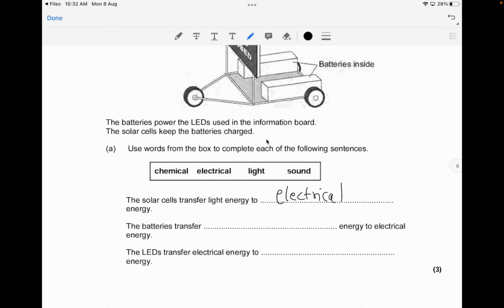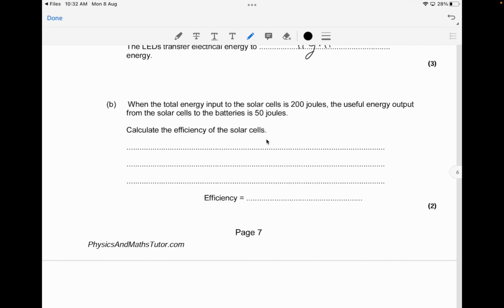The batteries transfer chemical energy to electric energy. The LEDs transfer electric energy to light energy. That is it. That's about it for this type of question. All right. Electrical, chemical, light. Let's move on to the next question.